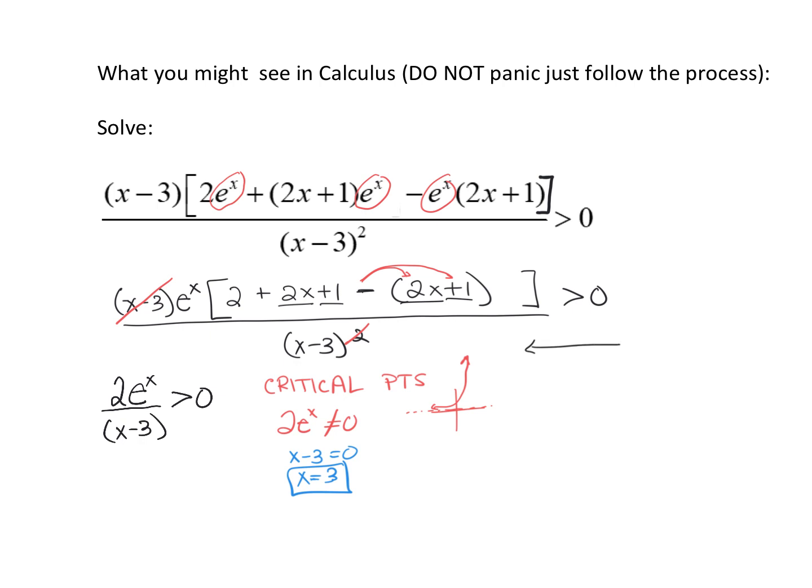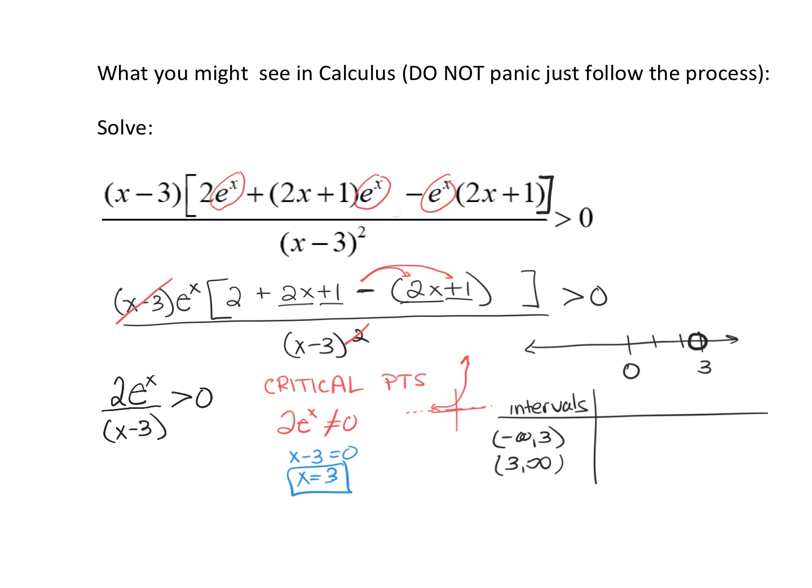So I'm going to put that on the number line. Here's 0, 1, 2, 3. It's strictly greater than, so that's an open circle. My intervals, there's only 2, negative infinity up to 3, and 3 to infinity.